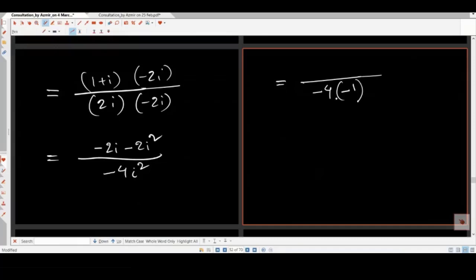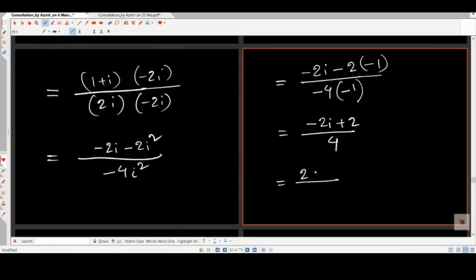So I have written the value of i squared. In the upper part, we have negative 2i, negative 2. Again, i squared is present, so negative 1. So finally, this is 4, negative 2i plus 2. So we can write it this way, 2 negative 2i by 4.